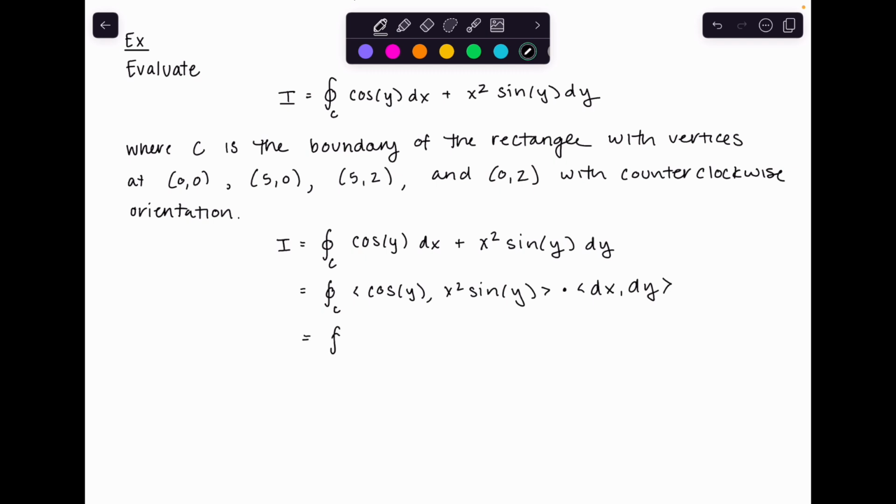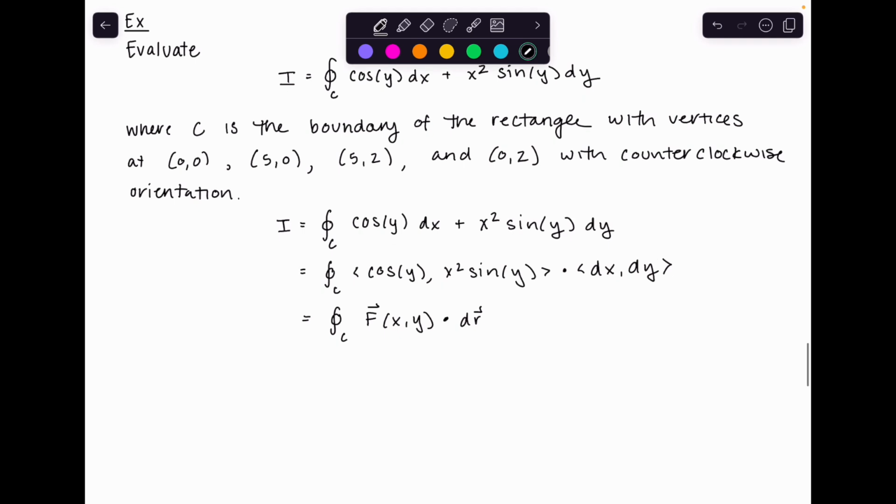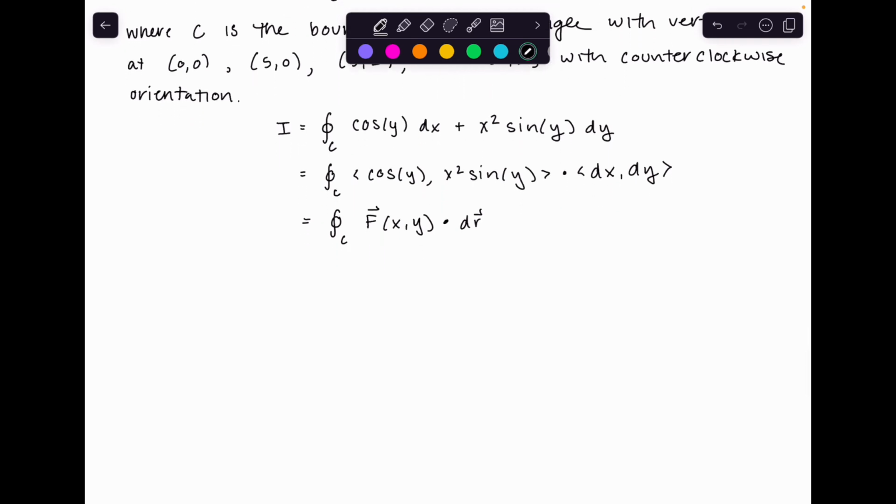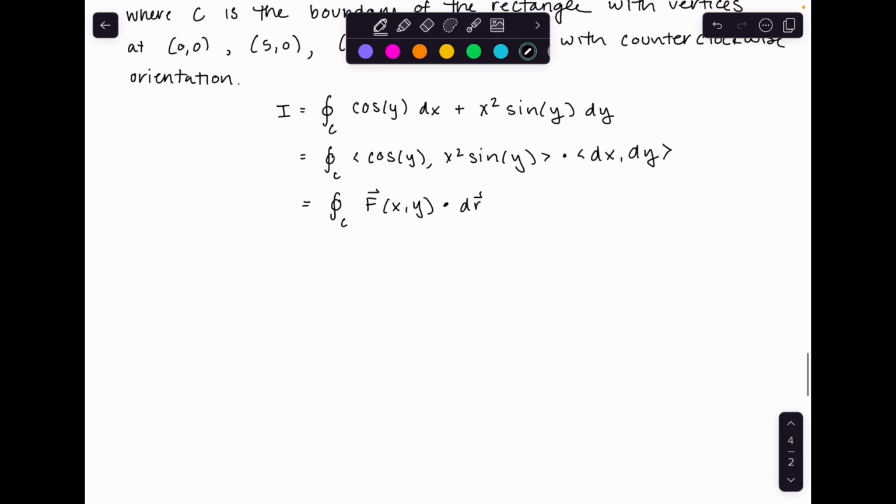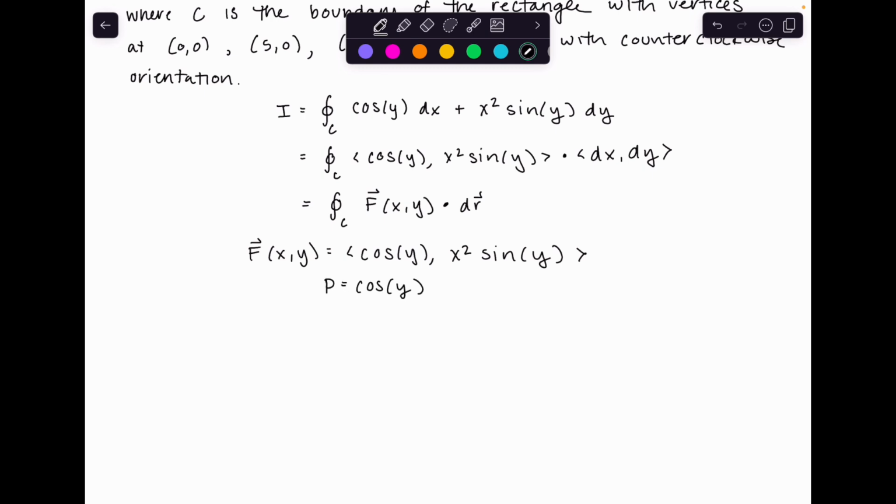So the first piece is exactly the vector field we're working with, and then dx dy inside a vector is exactly dr. Okay. So here our vector field f is given by cosine of y and x squared sine of y. So my function p is the first component, and my function q is the second.